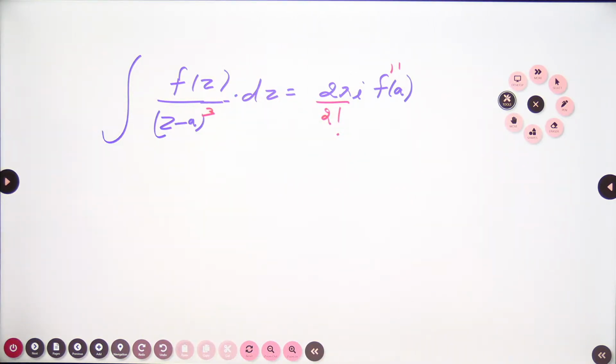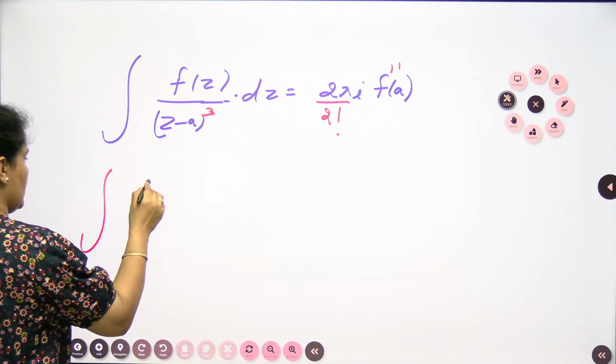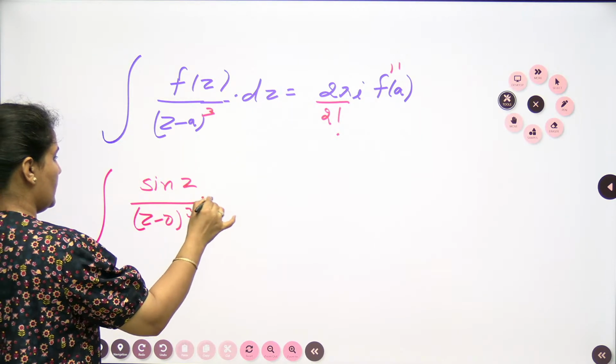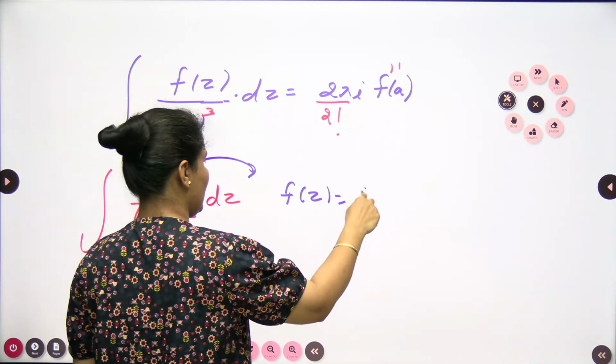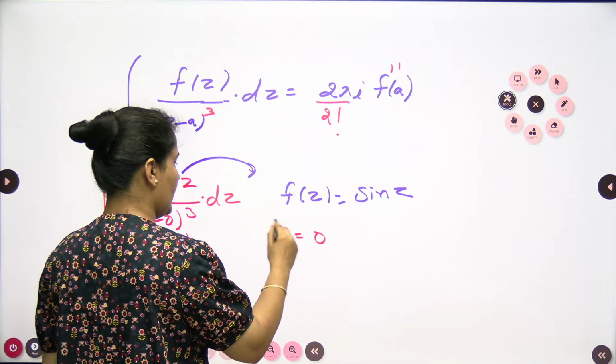So I can see my question here. When I compare the question with this form, sin z by (z minus 0) whole cube dz, my function f(z) is sin z, but the value of a is 0 here.